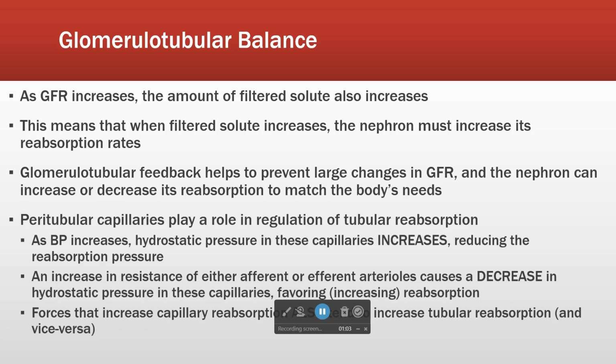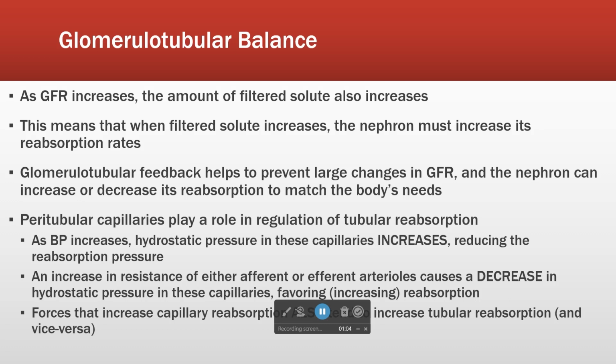So essentially, as GFR increases, it is easier for molecules to be reabsorbed into the peritubular capillaries. The easiest way to think of this is the more pressure you used up to create glomerular filtration, the less pressure there is in the peritubular capillaries, right? So in other words, it's going to be easier for materials to enter the peritubular capillaries.